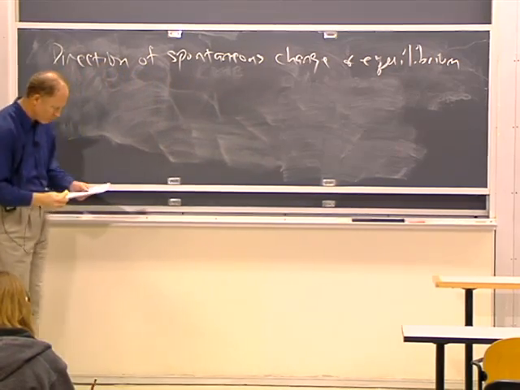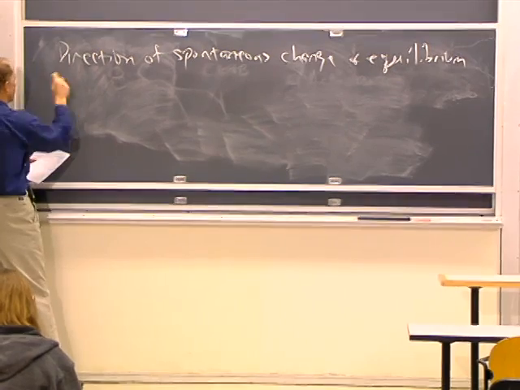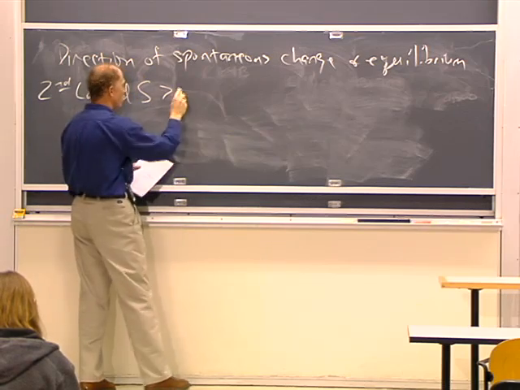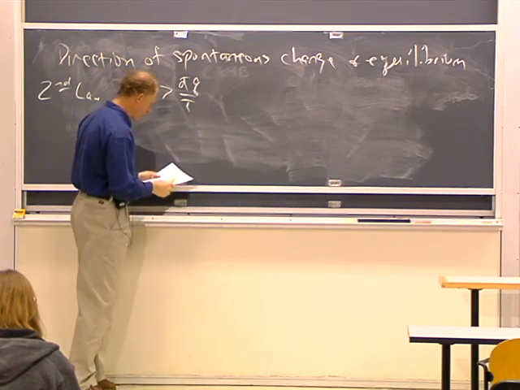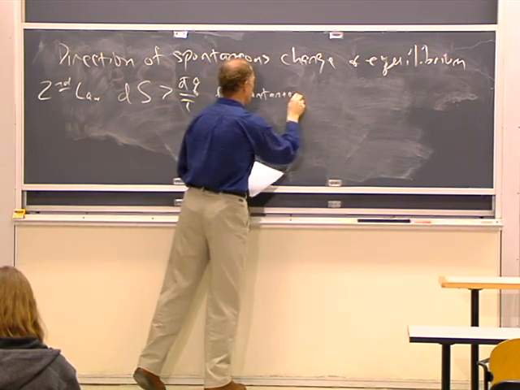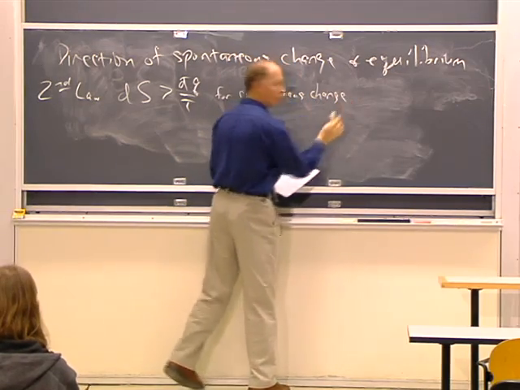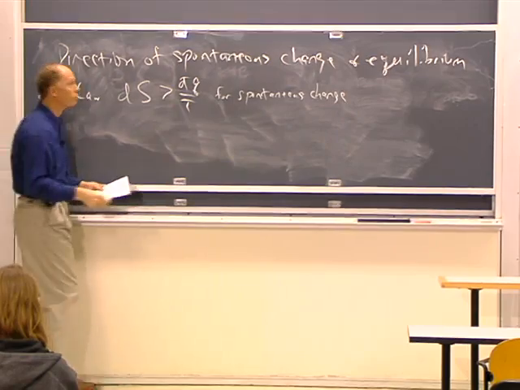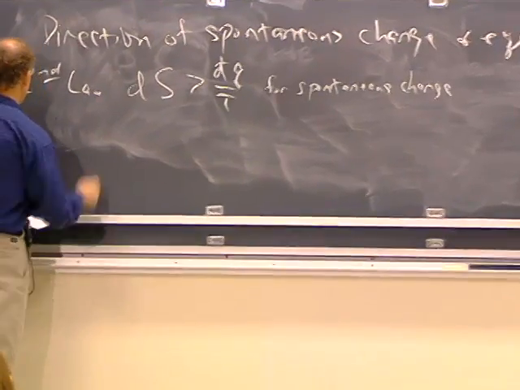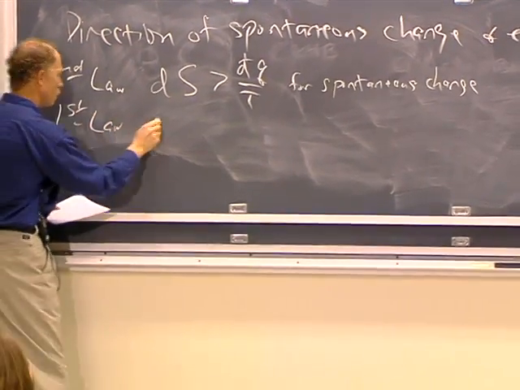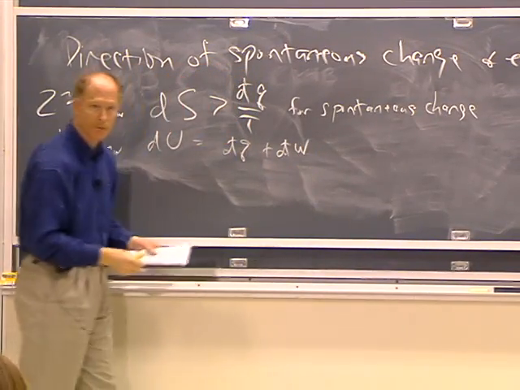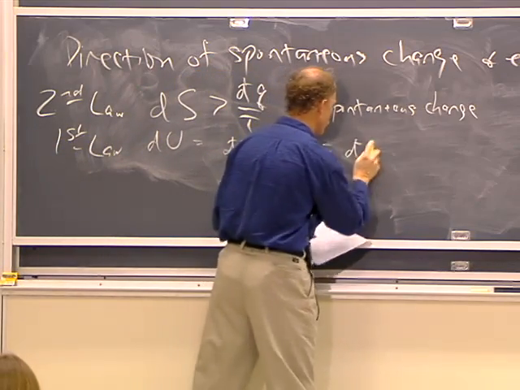So what we did is, remember, we started with the second law, that dS is greater than dq over T if there's spontaneous change, which happens irreversibly. That means that'll be dq irreversible. It would be equal for the reversible case. And we combine this with the first law, which for the case of pressure volume changes, we write as this.